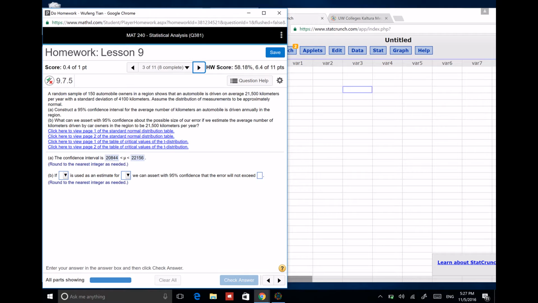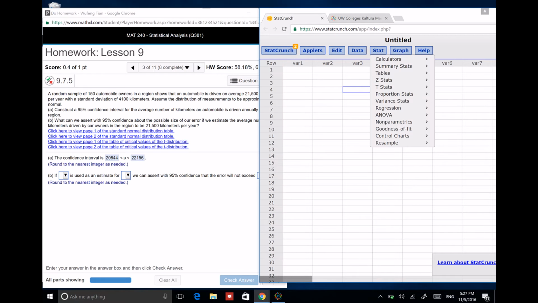150. You can do exactly the same thing. Random sample, and the standard deviation is given. It's exactly the same as the previous one. I think it's a little bit confusing.